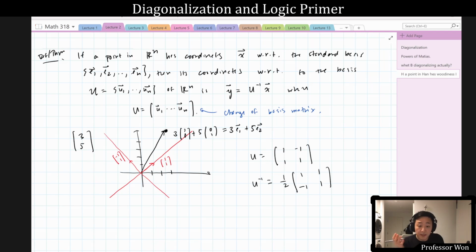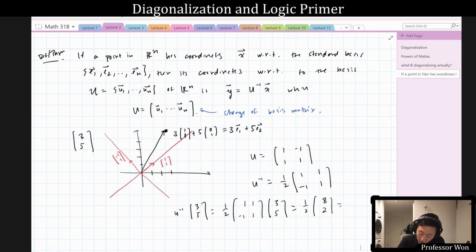And what this theorem says is that if I multiply this matrix by my vector x, I will get the coordinates with respect to the basis U. So let's do that. What is U inverse times 3, 5 here? It's 1/2 times 1, 1, negative 1, 1 times 3, 5. So you get 1/2 times 8, 2. In other words, it's 4, 1.